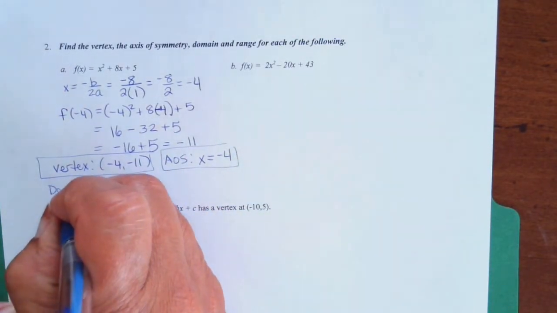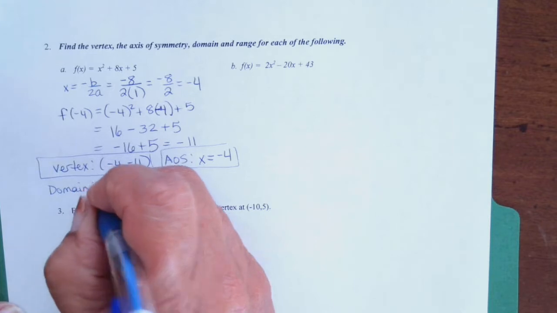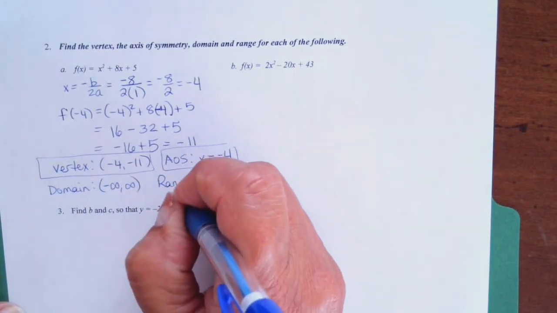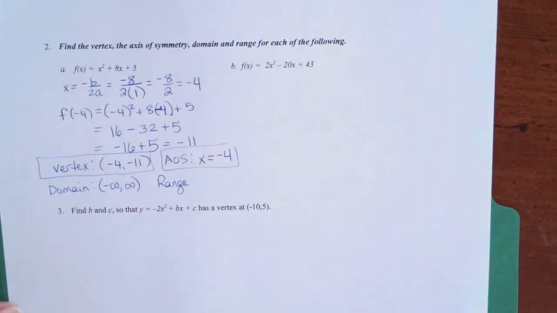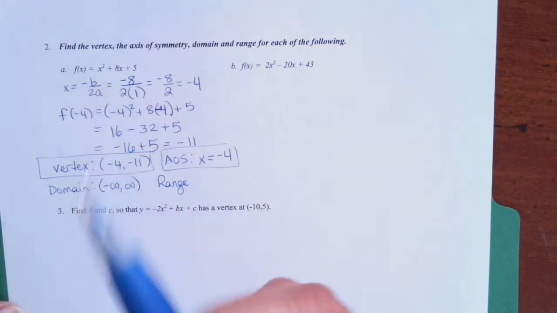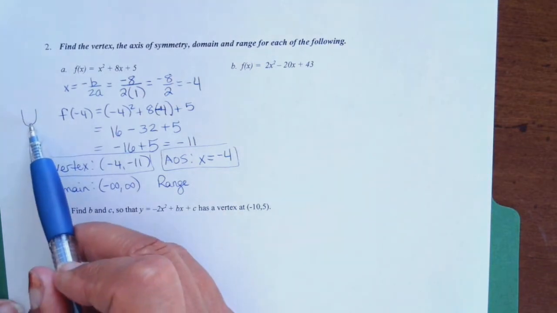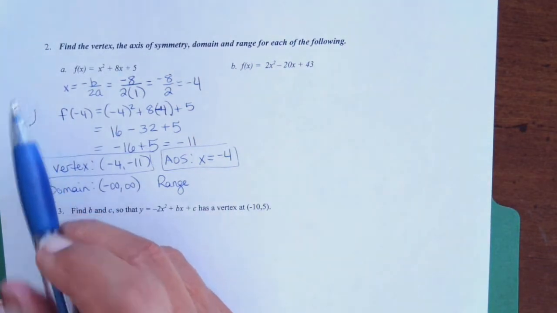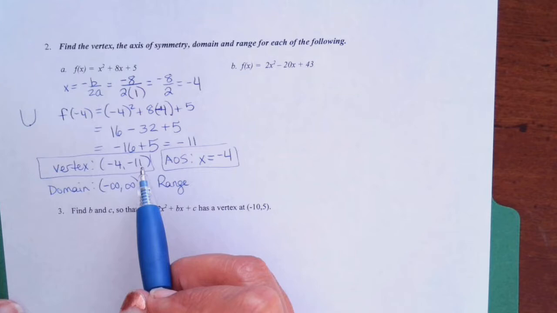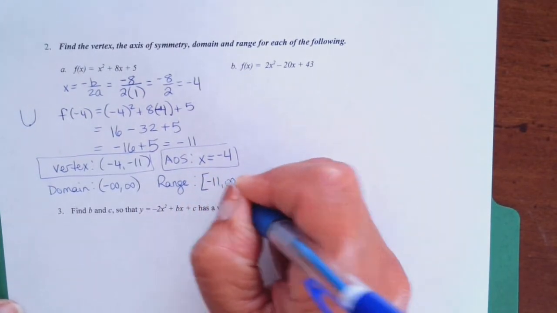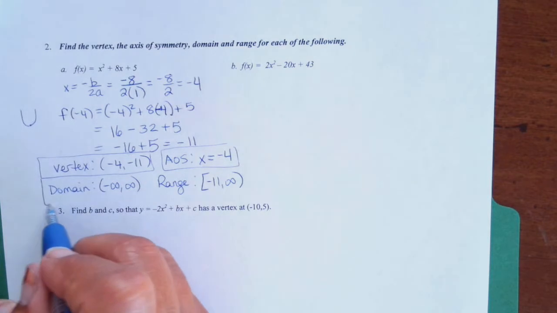Domain for any quadratic is all real numbers. And the range, okay, so we got to look at this parabola. It's going to open up. Okay, it's going to look like that. So the range is going to go from the y value of the vertex to positive infinity. Y value of the vertex is -11. So that would be the range.